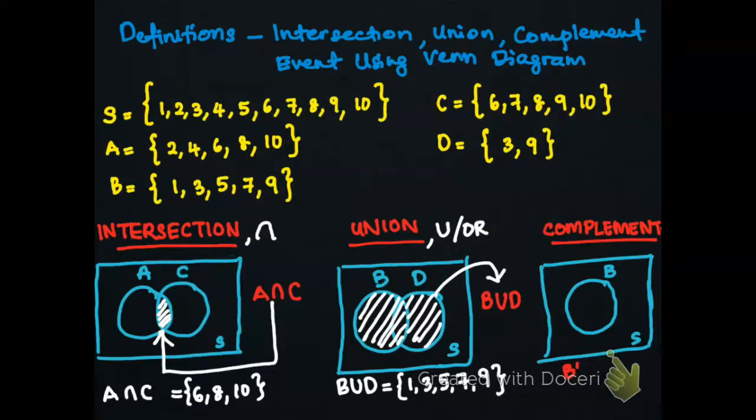Okay, so D consists of odd numbers 3 and 9. So this is the result for B union D.